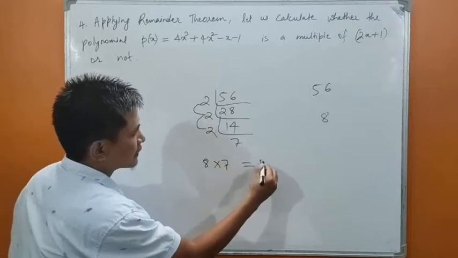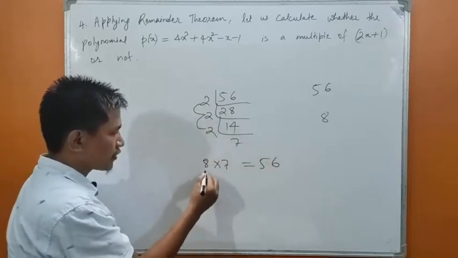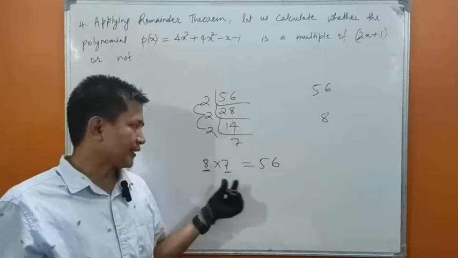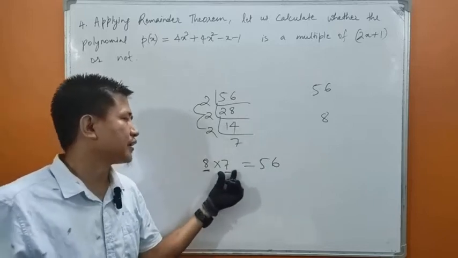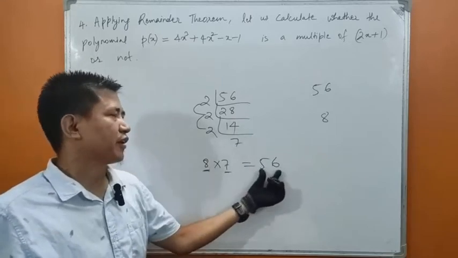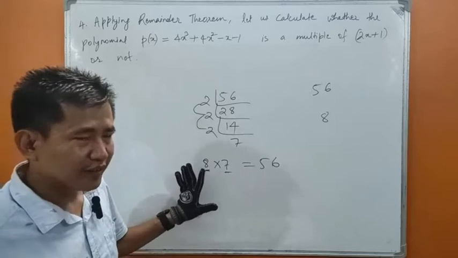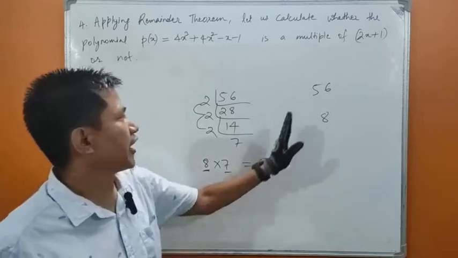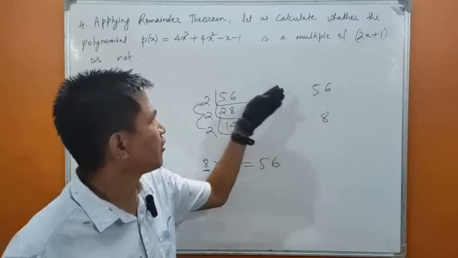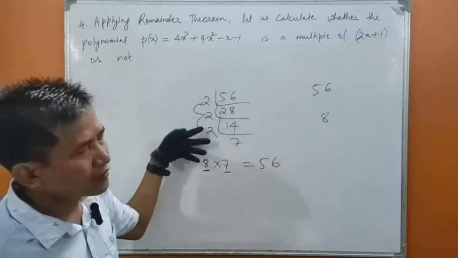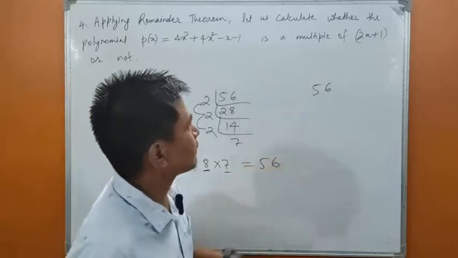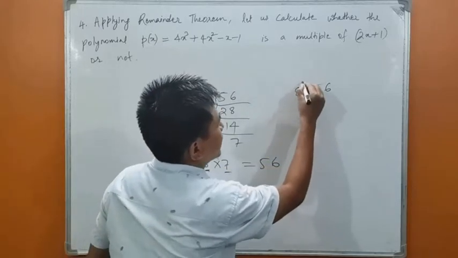So in the number 56, we have the number 8 and the number 7. This means number 8 is a factor of 56, and number 7 is also. To verify whether number 8 is a multiple of 56 or not, we can do it by this method, by finding the factors of 56, or simply by dividing by 8.